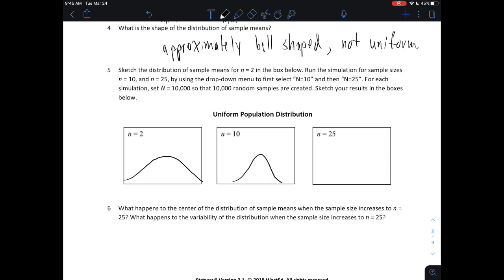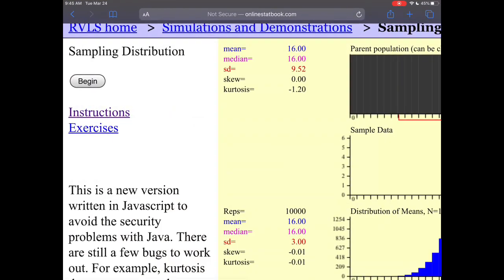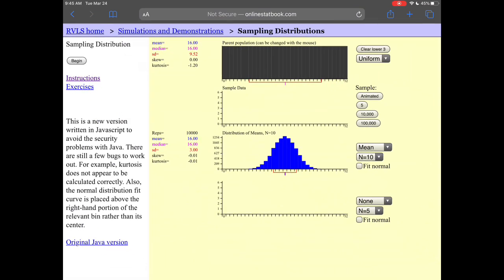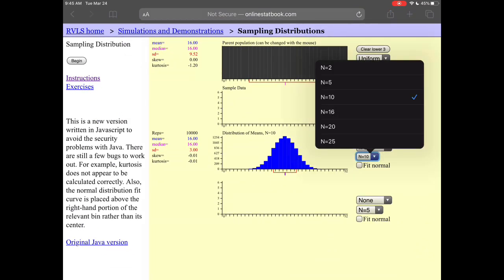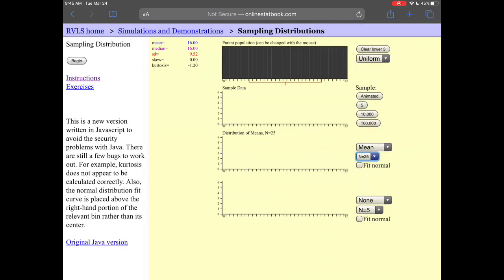And then for n equal 25, again, I'm changing my sample size to 25. I have to click the button 10,000 again to generate the graph. Notice again, this shape is approximately bell-shaped. And again, the distribution is not as wide as what it was for the previous two.